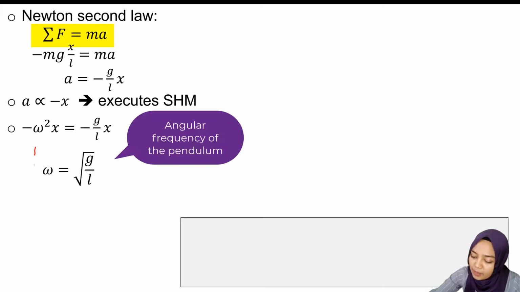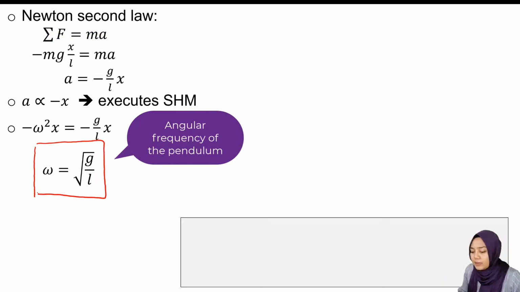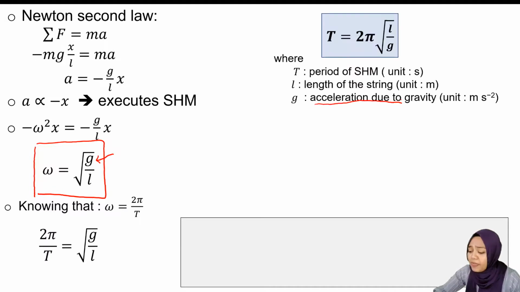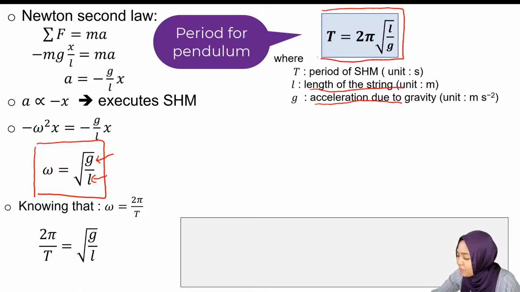We can get the angular frequency for this pendulum as omega equals square root of g over L, where g is the gravitational acceleration and L is the length of the string. When we rearrange, we end up with the period for the pendulum: T equals 2 pi square root of L over g.